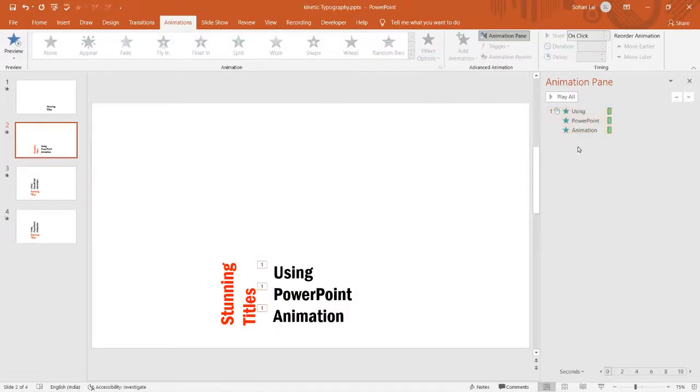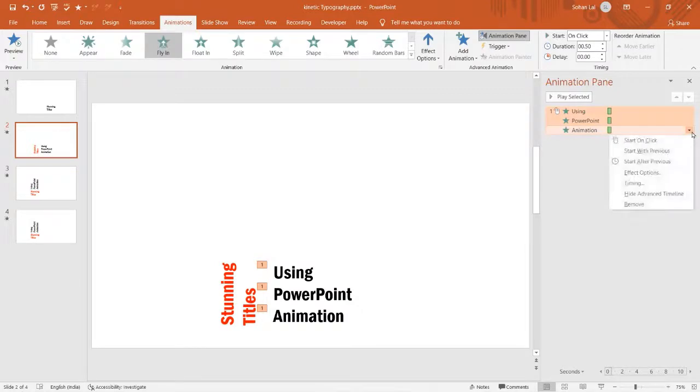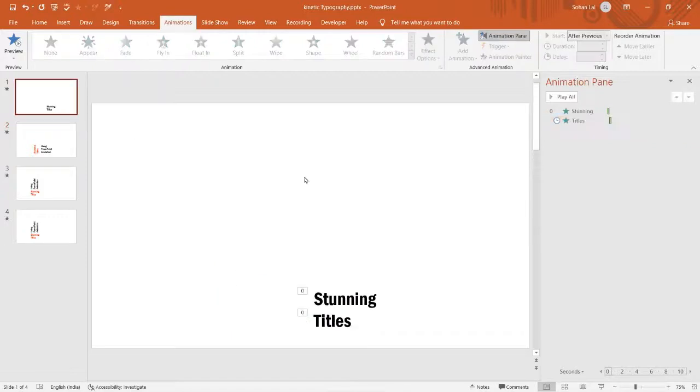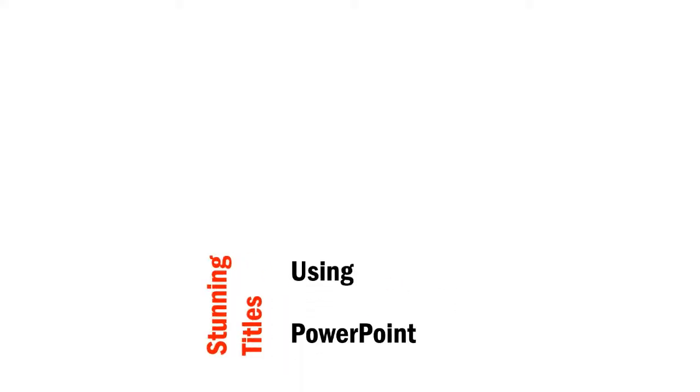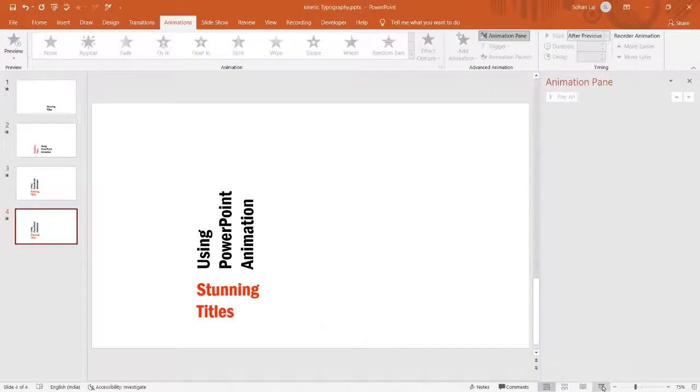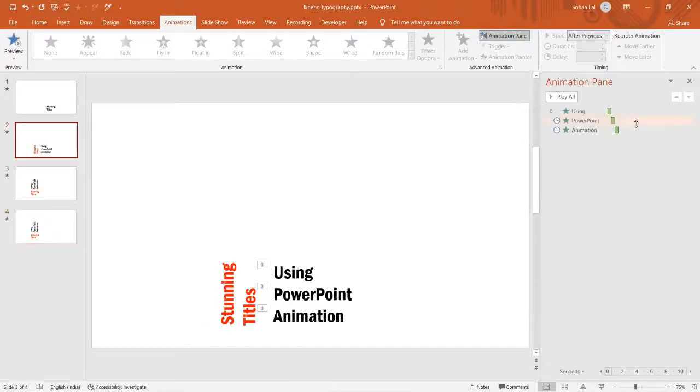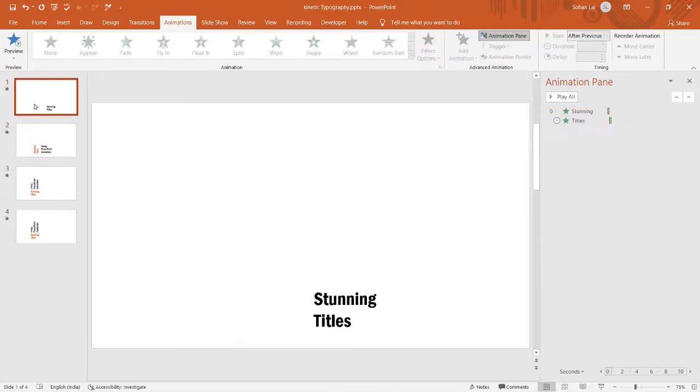It will come like this, and you have to do With Previous, and set this to Start After Previous. Now see how it will be. Here come these words. We have to change the timing also. Now see, go to the first slide and see.